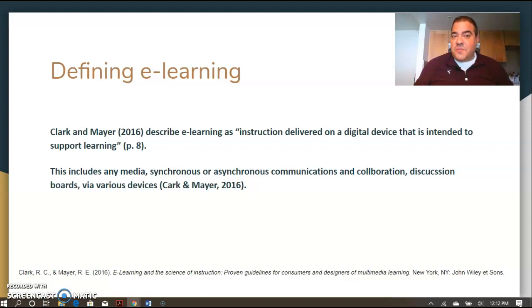So therefore, this is a form of e-learning. So when we talk about e-learning in general, when we talk about online learning and distance learning, they're kind of different sides or different shades of the same coin for the purposes of our definitions. And these are the definitions that we will be using going forward.